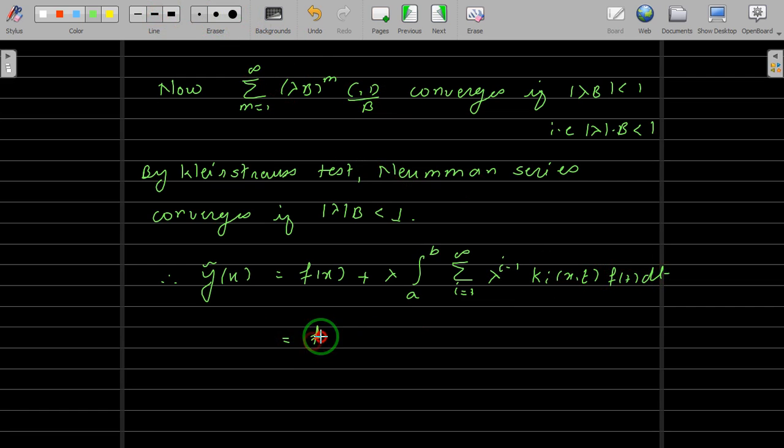This is same as f(x) plus lambda integral a to b, you write this entire series as gamma(x, t, lambda) f(t) dt. And this gamma(x, t, lambda) is called the resolvent kernel.